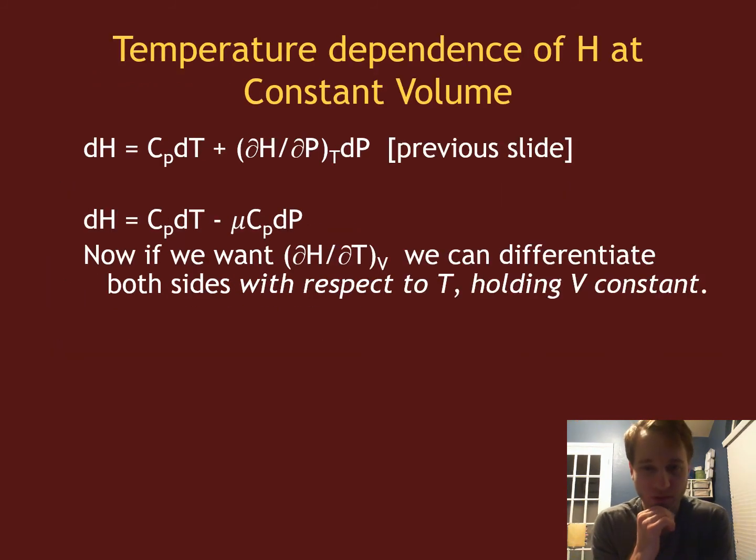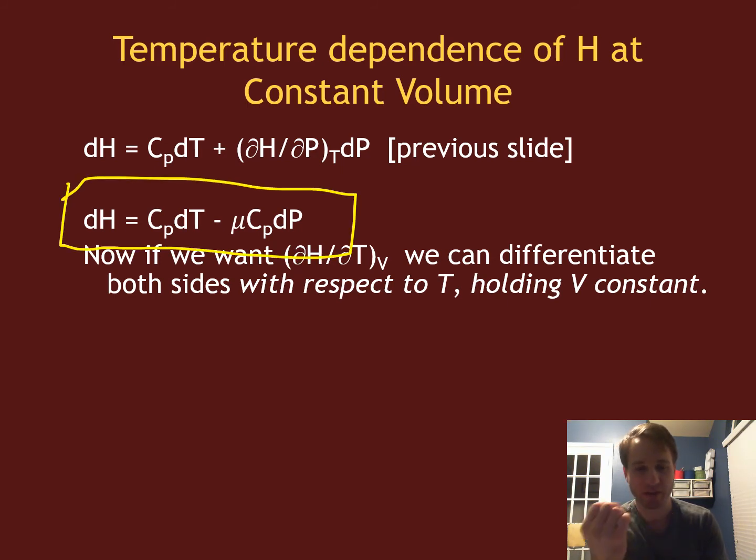So plugging this right back in, looking again at what del H del P is, we see that it's negative mu, the Joule-Thomson coefficient, times Cp. Now this is the total differential of enthalpy. The next thing we want to look at is how the enthalpy changes with temperature under constant volume.